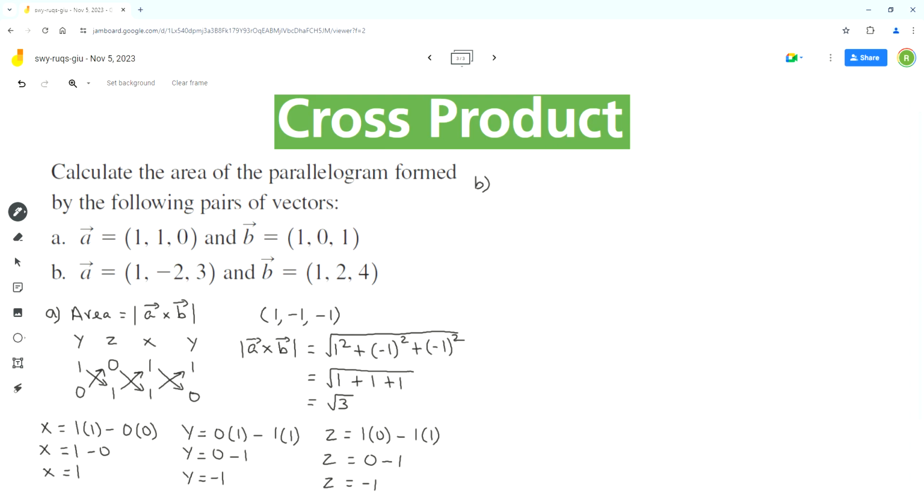So we'll use the same formula for area of parallelogram. We'll start by finding the cross product of the vectors, and for that we'll stack the y, z, x and y components of these two vectors.